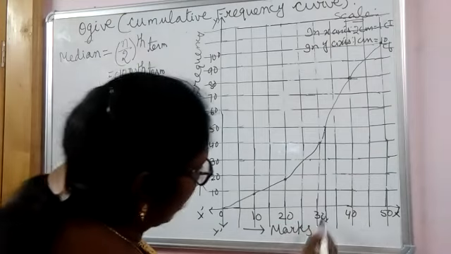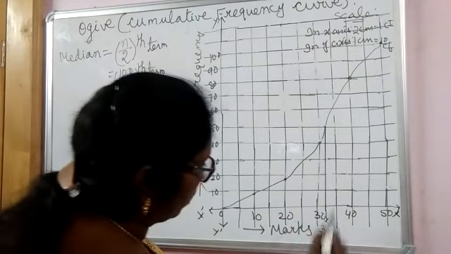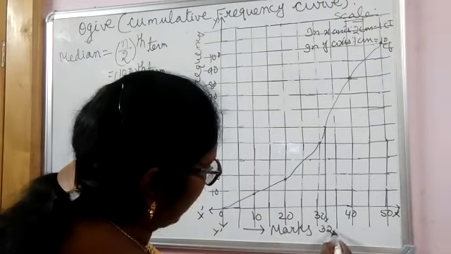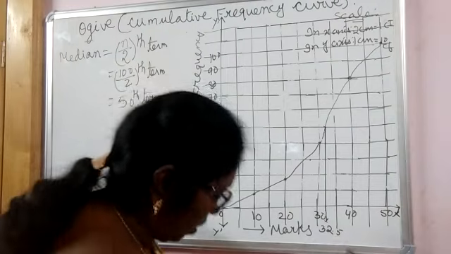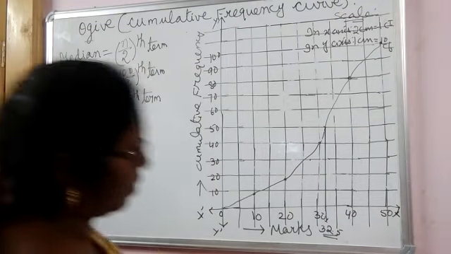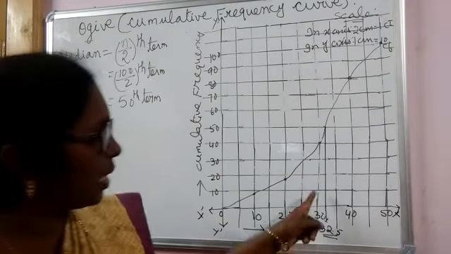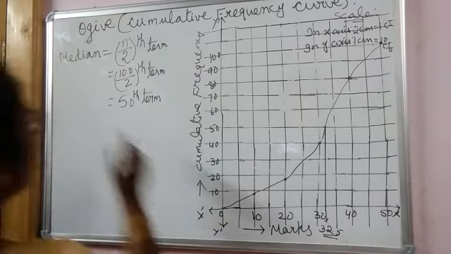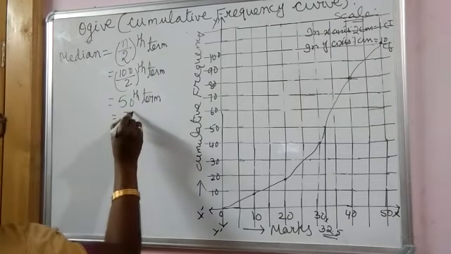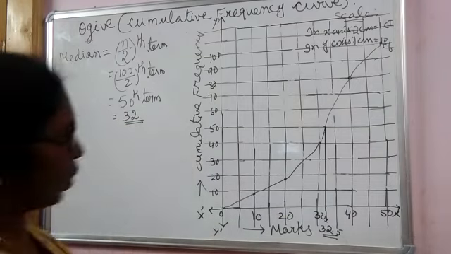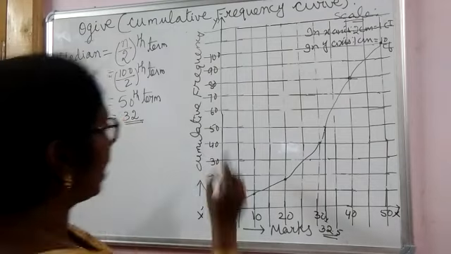From my graph, I got more or less 32, 32.5 like that. Let us take 32.5, because I cannot draw it very clearly. 32.5 or 32, if you do it, it may vary. So the median is the 50th term.